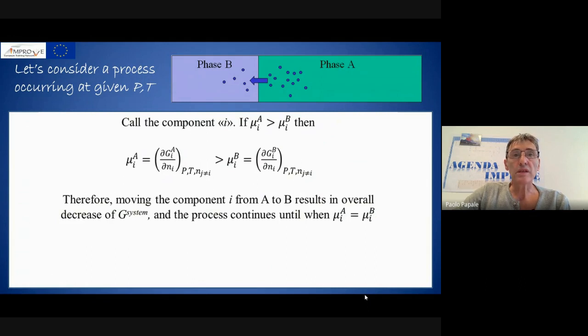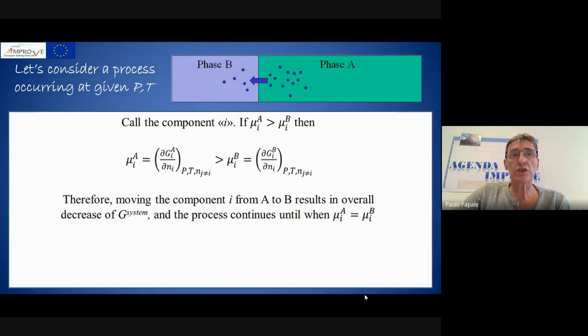Now, we have seen above that the chemical potential of a component is exactly the measure of how much the Gibbs energy changes when a small amount of that component is gained or lost at constant pressure and temperature.